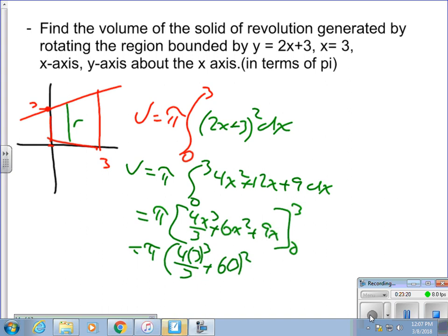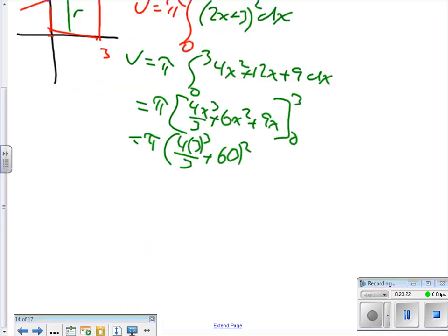And I'm running out of room, so I want to move this up. Plus 9 times 3 minus 0. Because I plug in 0, what do I get? I get 0. It's nice when 0 is one of your bounds. Or one, yeah, it makes it easy.